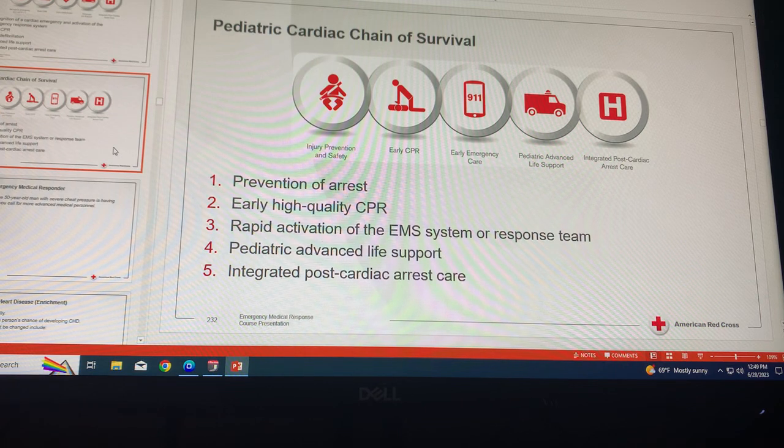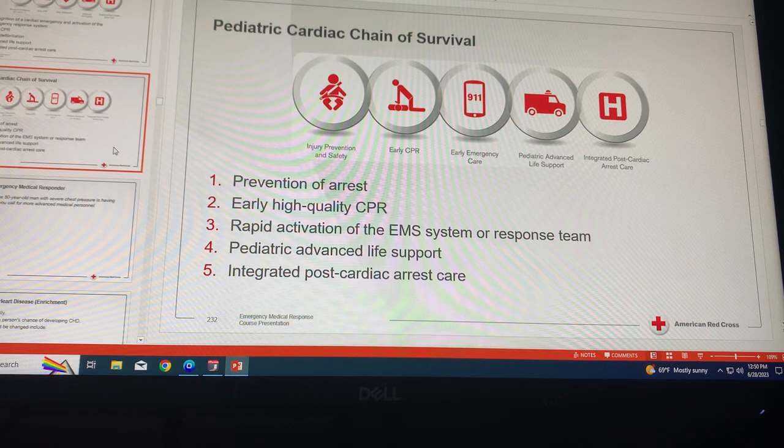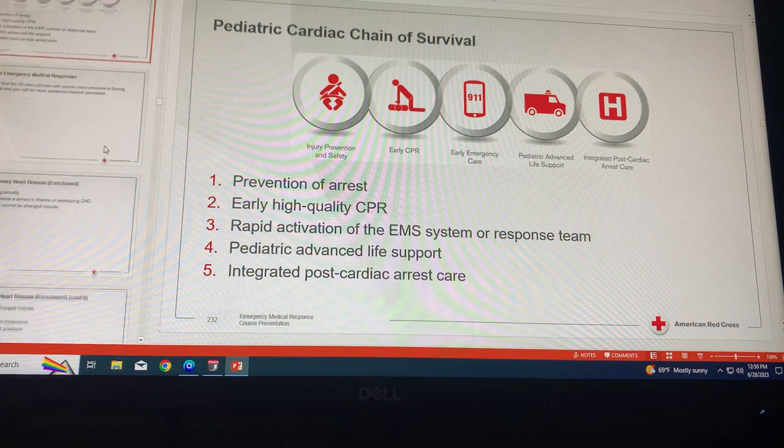Rapid activation of the EMS system or response system. So you don't want to wait too long to summon more advanced emergency medical care for someone. Pediatric advanced life support, integrated post-cardiac arrest care. That is the pediatric cardiac chain of survival.